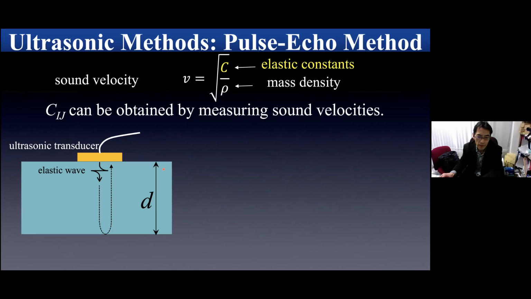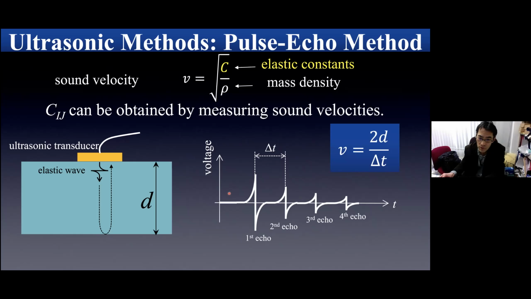So here is the material we examine, and we put the ultrasound transducer on it and send a short sound pulse in the thickness direction of the material. The ultrasound wave propagates along the thickness direction, then it repeats reflection between two surfaces.